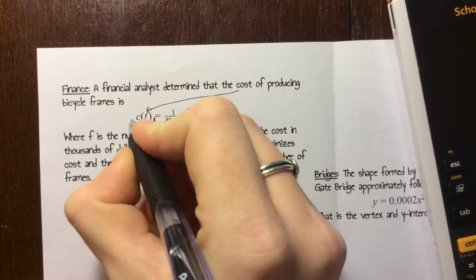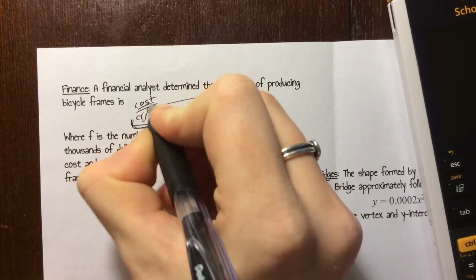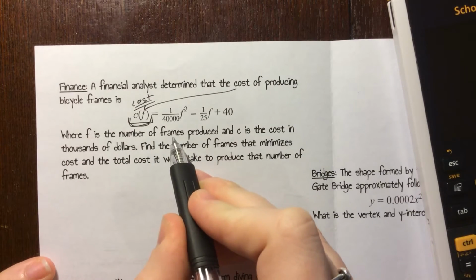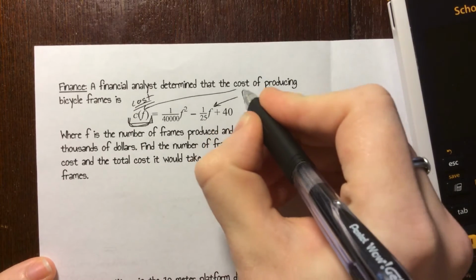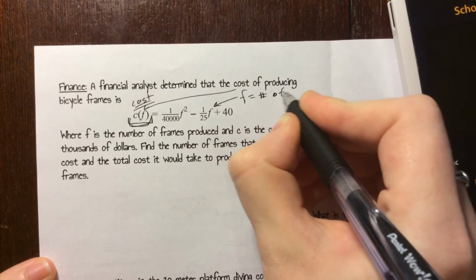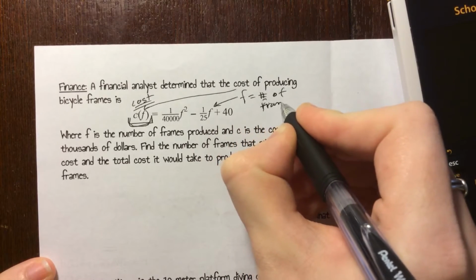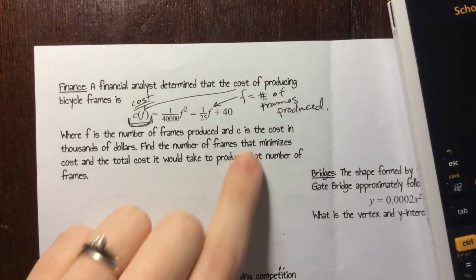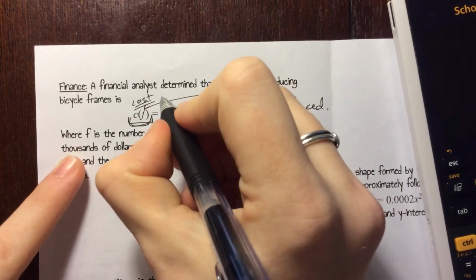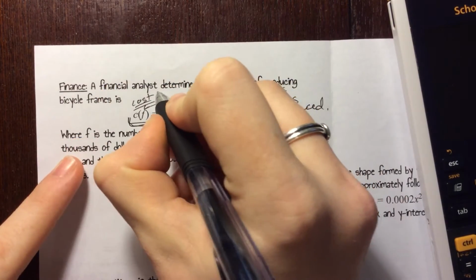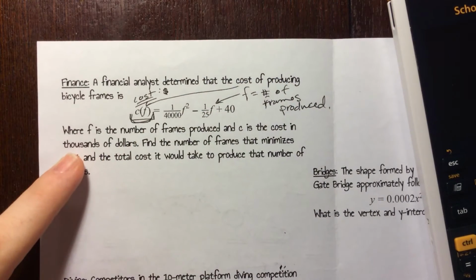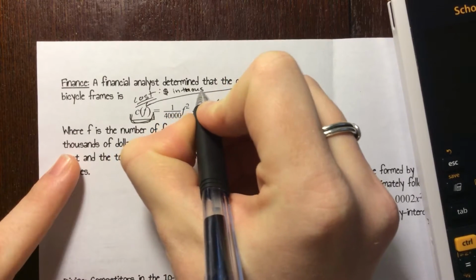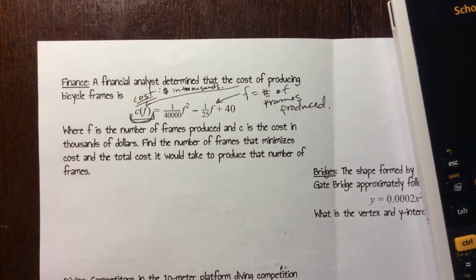Okay, this here is our cost of producing so many bicycle frames, where F is the number of frames produced, and C is the cost in thousands of dollars, so we want to make a note there. C is the cost in thousands of dollars.